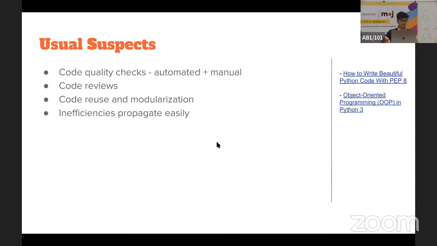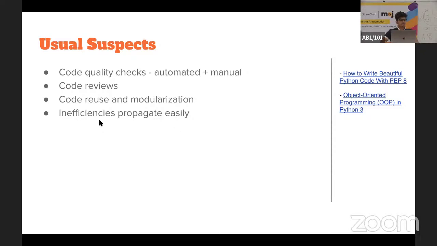General things are of course code quality checks, code reviews, code reuse. I don't know how many of you are exposed to code quality things, but these things are actually important. They may not seem important, and data scientists don't really focus on those things, but you should, otherwise you'll see a lot of issues at work.